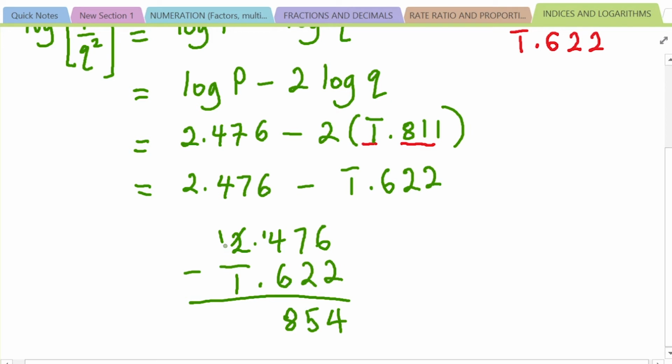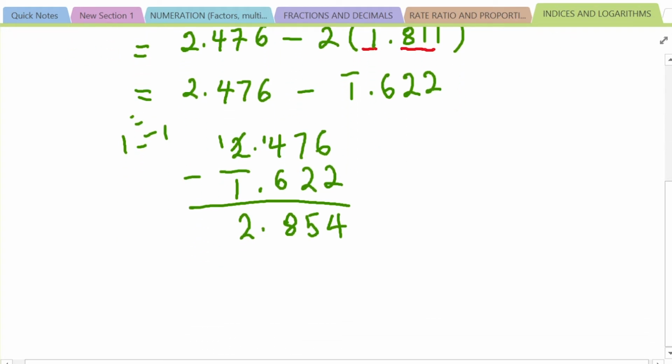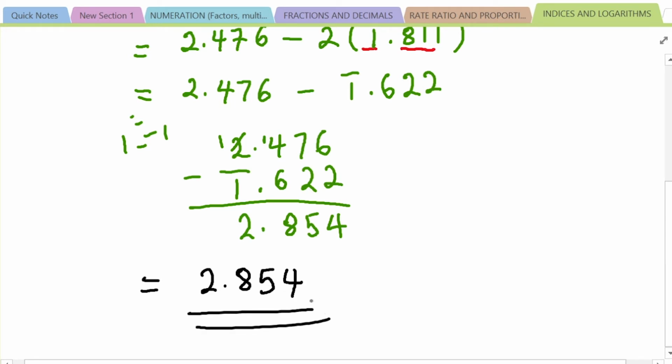Then at the negative characteristic part, it becomes 1 minus negative 1, which is 2. So this is 2.854. So our answer here is 2.854.